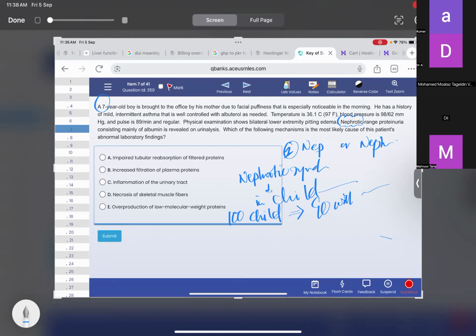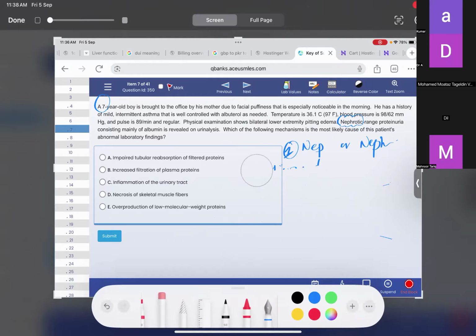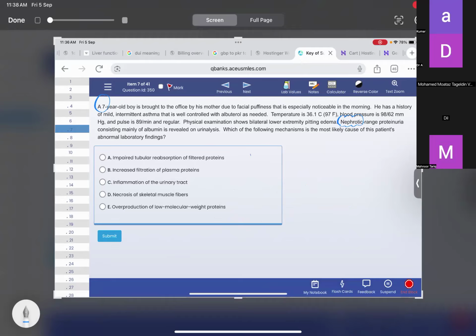So the age is very important here. Why is it called minimal change? Because we don't have anything on immunofluorescence.